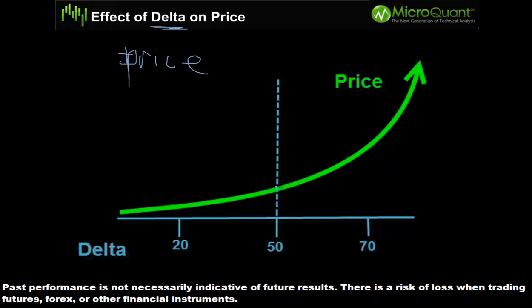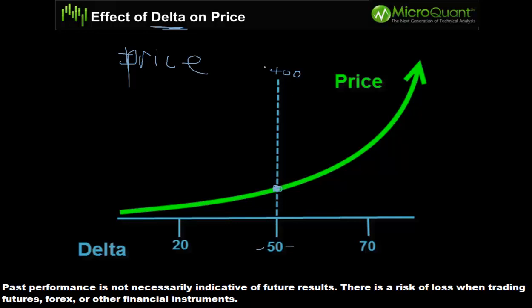Yes, it is a little complicated to understand, but basically, if the price of Apple is at 400, and the current strike price of the option is at 400, then our delta is going to be 50.